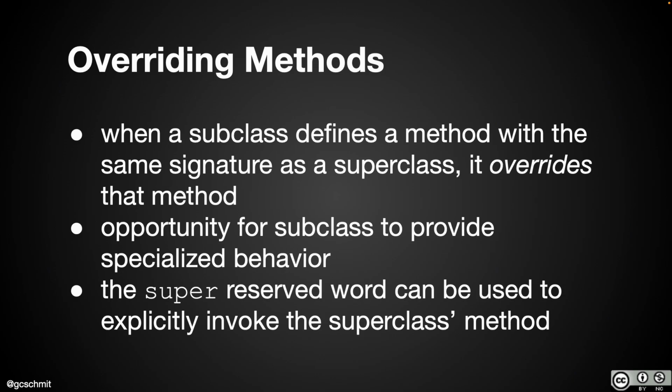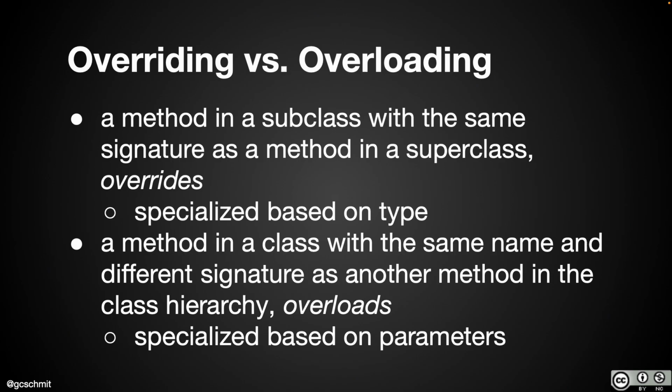If the subclass has the same method signature as a method in the superclass, we say it overrides that method, meaning we're going to replace the behavior of the superclass with that of the subclass. That's how the subclass can specialize its behavior. That's what makes it unique. And then we're going to see how we can make those two related.